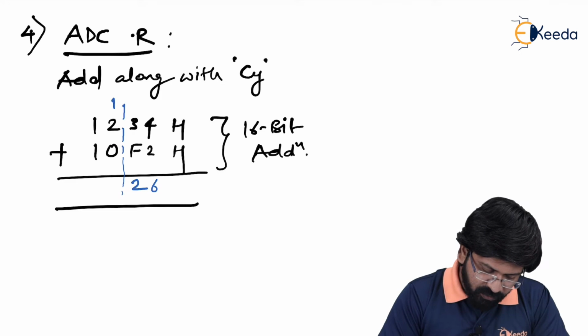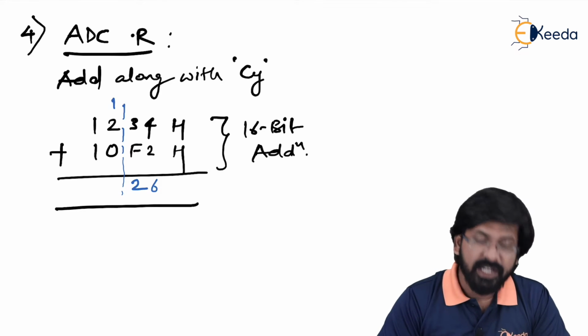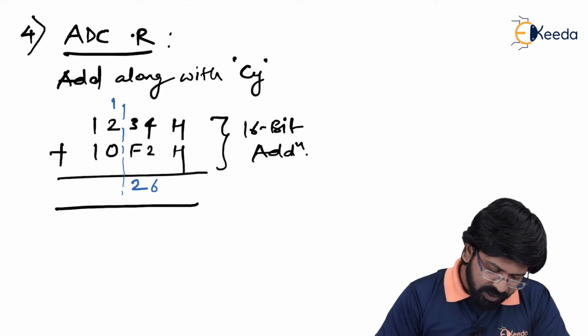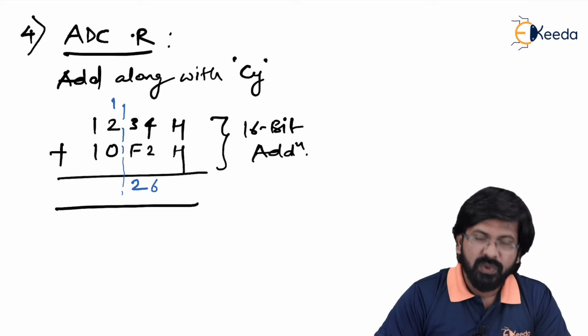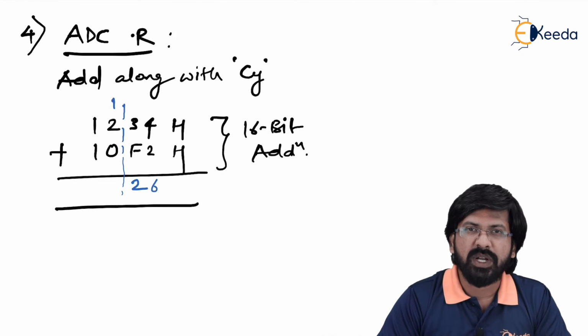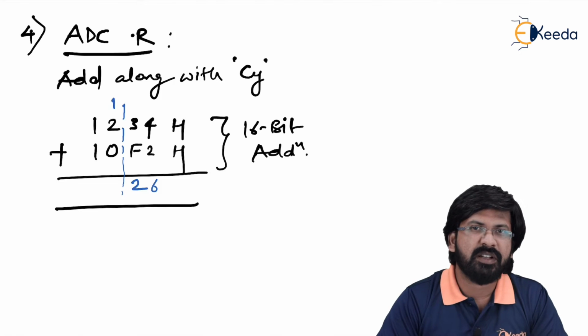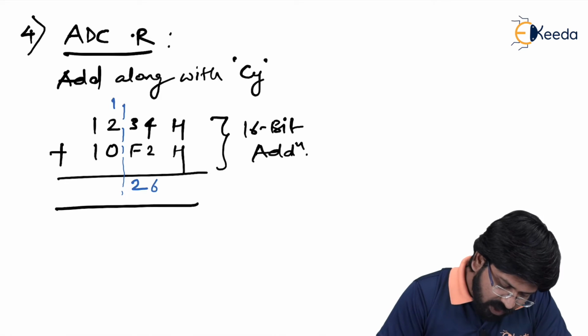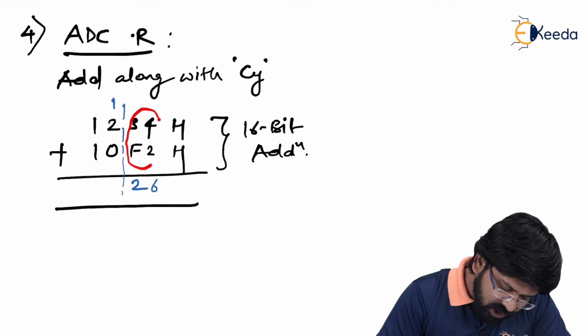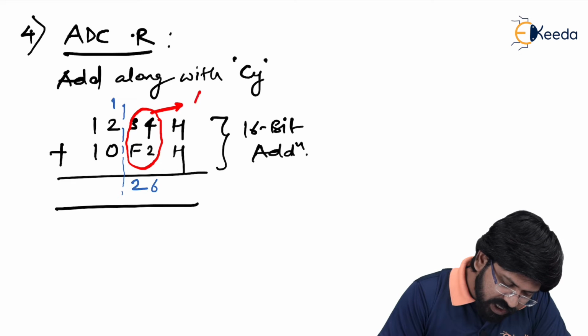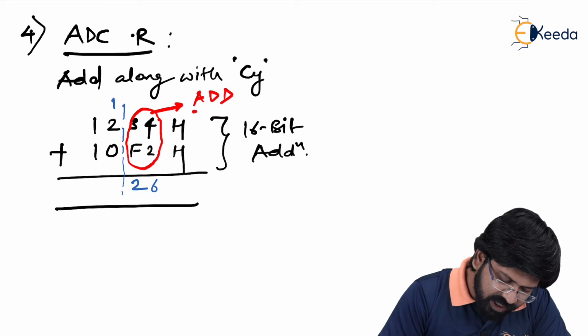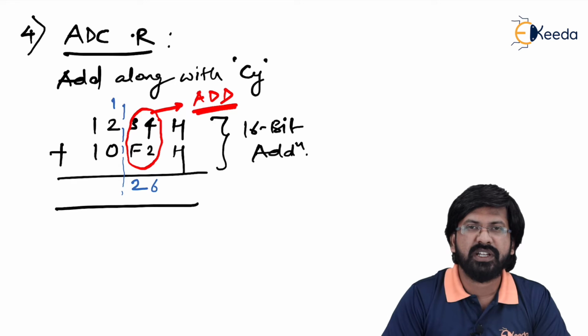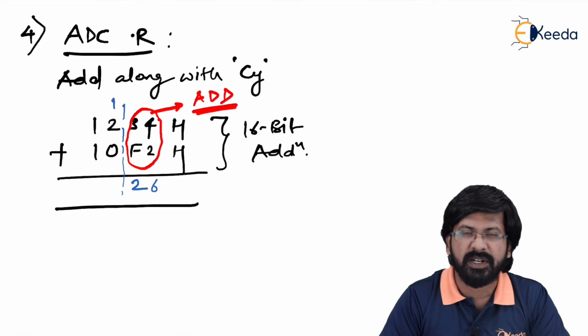Now before I go ahead and add the numbers, let me remind you, if you wanted to add 34 and F2, you are logically adding only 2 numbers. The first number is 34, the other number is F2. To carry out this addition, you are definitely going to use the ADD instruction, which is capable of adding only 2 numbers, am I right?